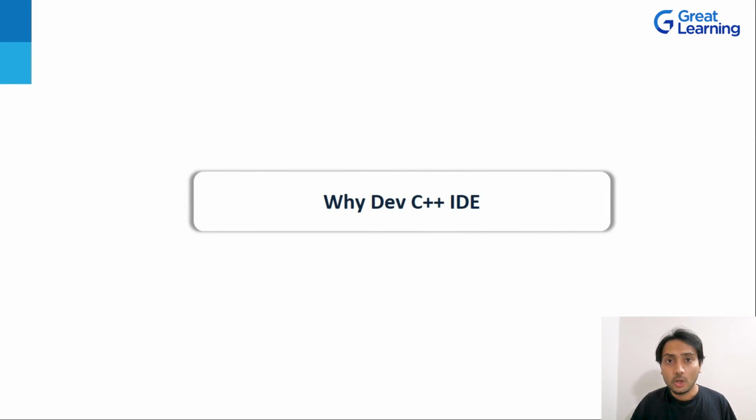Now we are in our next topic, which is why Dev C++ IDE, why you have to use it, and why it is the most frequently used IDE for writing C++ programs. First of all, this IDE, Dev C++, is a combination of an editor, wherein you are going to write your programs.